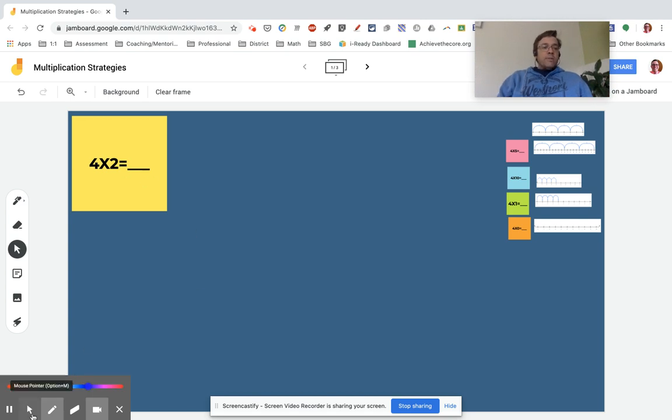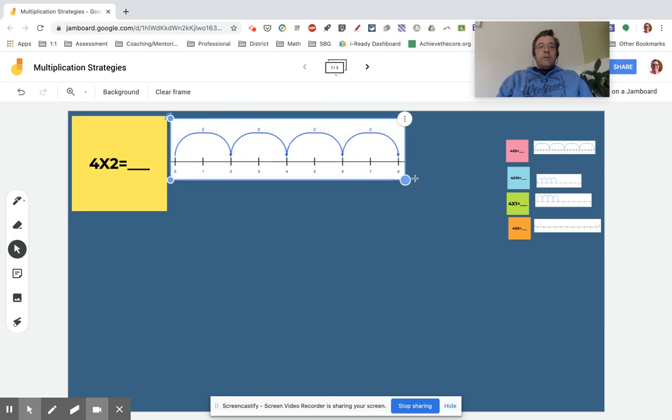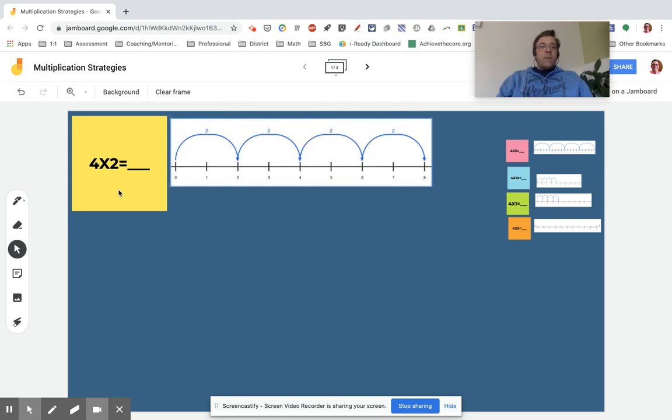So for example, in this particular problem, we have 4 times 2. Well, skip counting by 2 can be very helpful in helping me to find the product of 4 times 2. I've got this number line here to help us illustrate what I'm talking about. When I look at 4 times 2, I need to remember that I have 4 groups of 2.